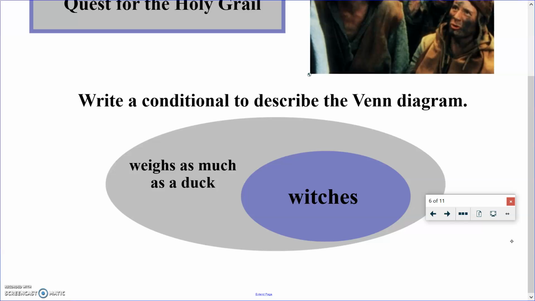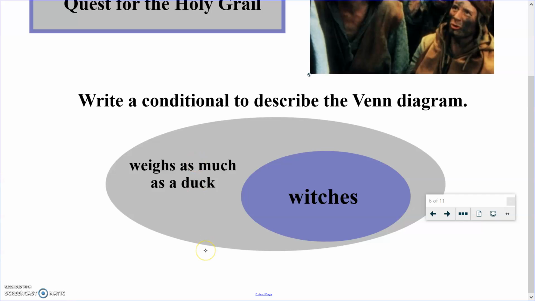So we're saying that the logic being used by these guys is accusing someone of being a witch, and they're saying that all these witches in here weigh as much as a duck. Okay, so we're going to write a conditional statement to describe this diagram.